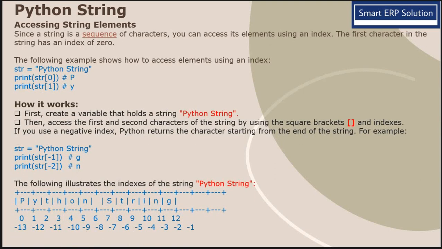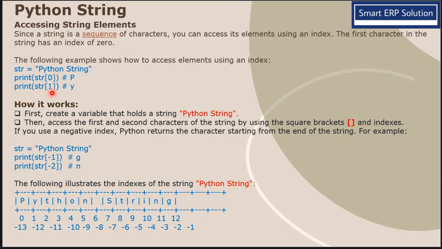Accessing string elements. Since a string is a sequence of characters, you can access its elements using an index. The first character in the string has an index of 0. The following example shows how to access elements using an index. str equal to Python string within the double quote. Print str[0].